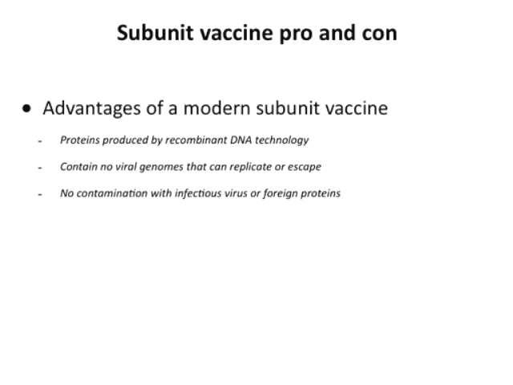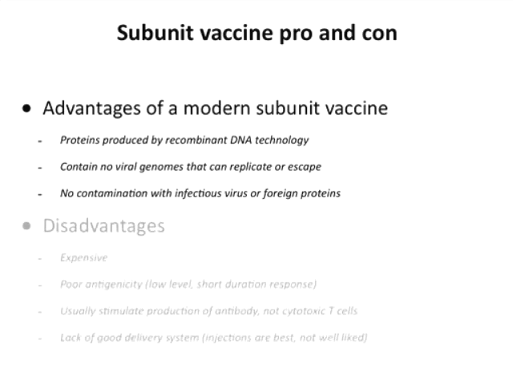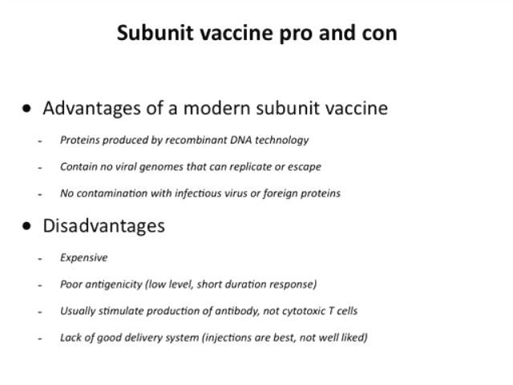And here are the pros and cons of a subunit vaccine. You make it by recombinant DNA technology, so you're never growing virus, so it's safer. It doesn't have viral genomes, they can't replicate, they can't escape. You don't have any contamination with infectious viruses, so that's why a subunit vaccine is good. The problem is it's typically more expensive, and the antigenicity is not great. It's just one protein. It's not an infection.